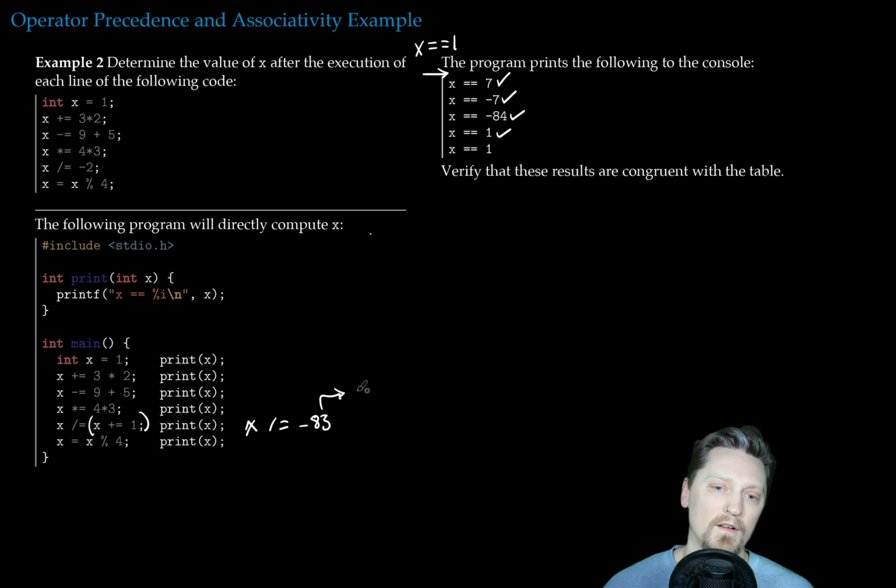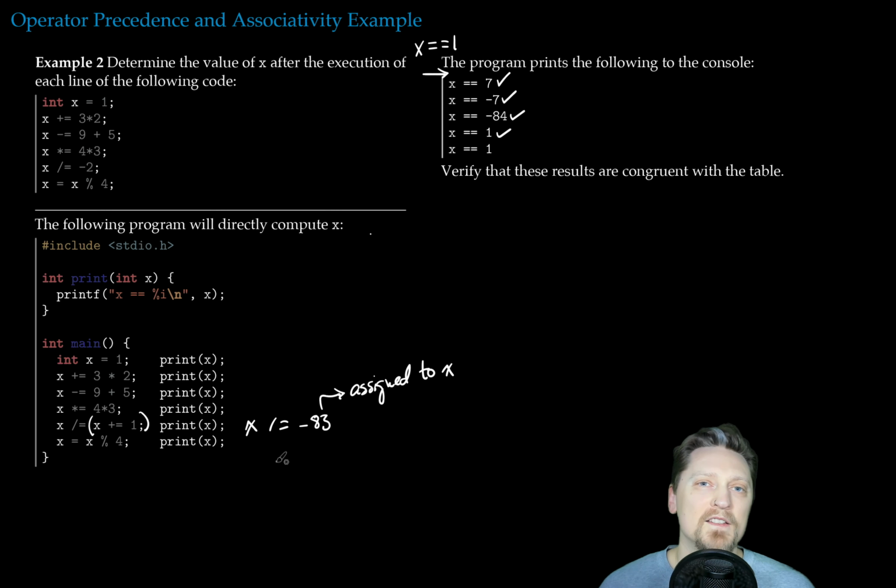So since we're going to have whatever this result is, it's going to be x. When we divide it by itself, x divided by itself, we're going to get 1. Okay, so that's the 1.